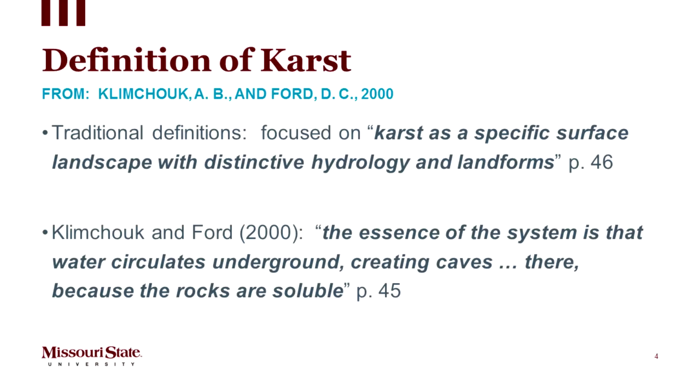We discussed earlier that Klimchak and Ford in a 2000 publication tried to broaden that definition to bring it up to date with better understanding of these systems, to incorporate the idea that the essence of this karst system is that water circulates underground, creating caves because the rocks are soluble. So because the bedrock can be dissolved, because the limestone or the dolostone that lots of these caves form in can be dissolved by the water, it naturally carves these pathways right through the bedrock.